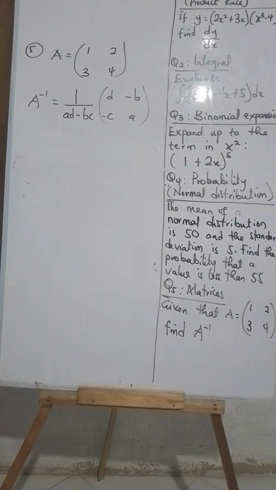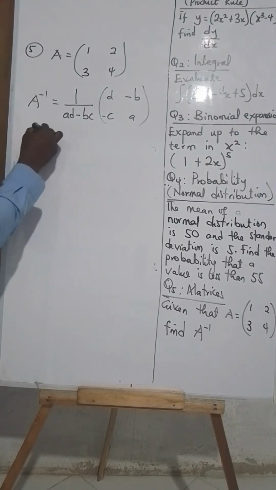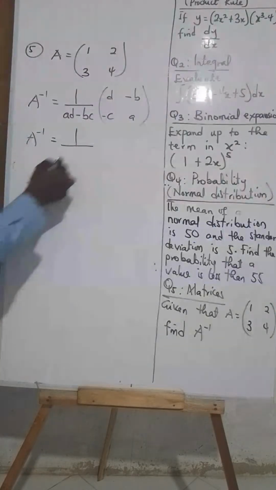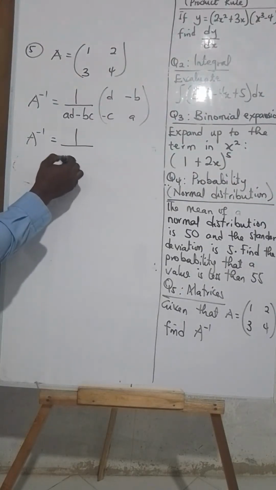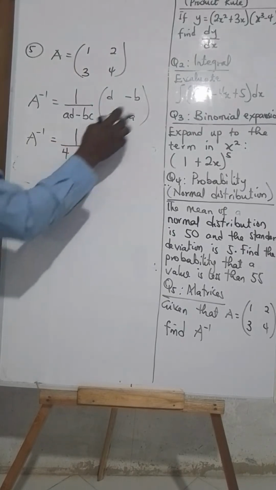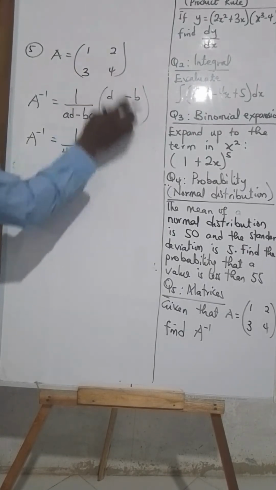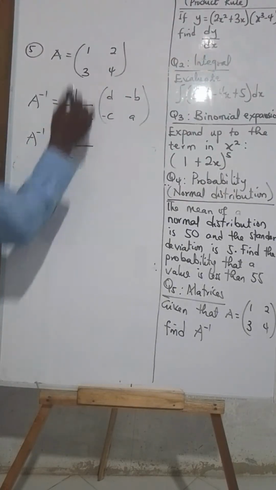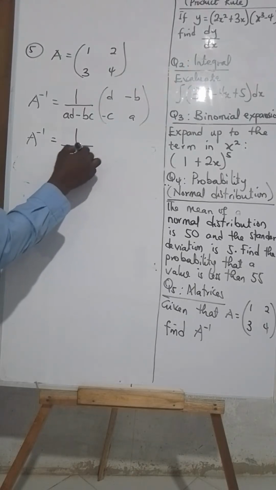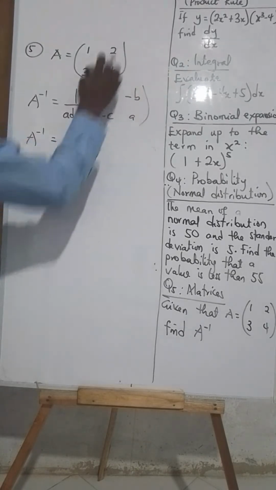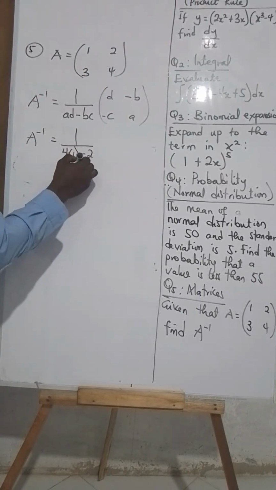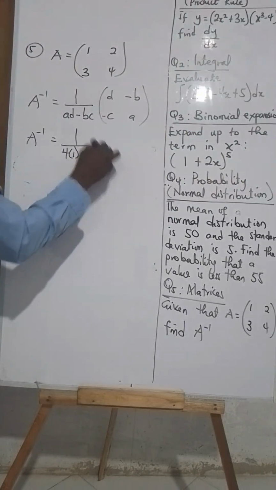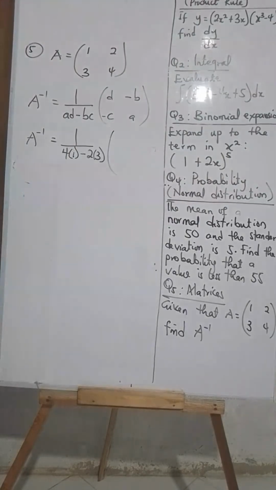With this, we have 1 on, so the A is 4, and the D is here, that is 1, minus B. The B is here, which is 2. Then the C is 3. Right. Bring the matrix bracket.